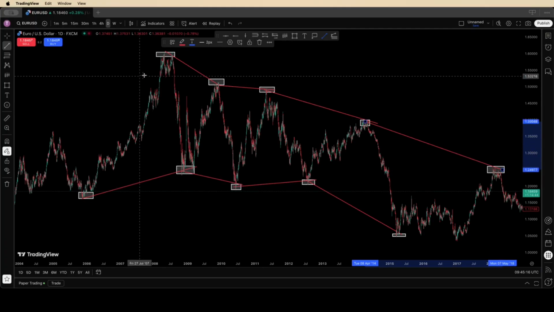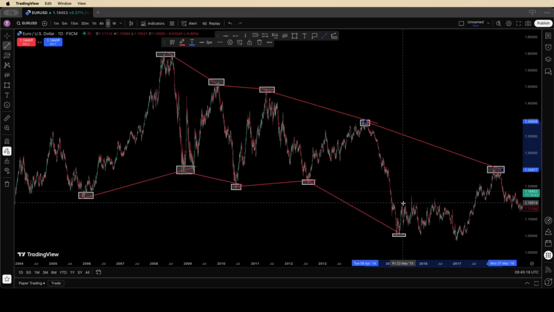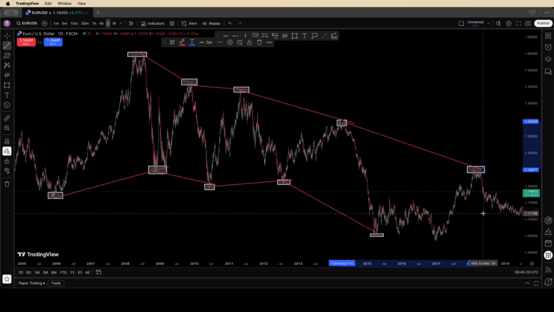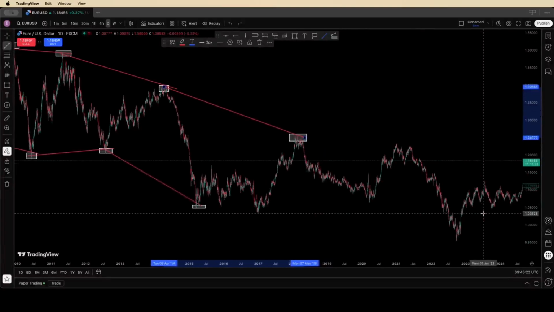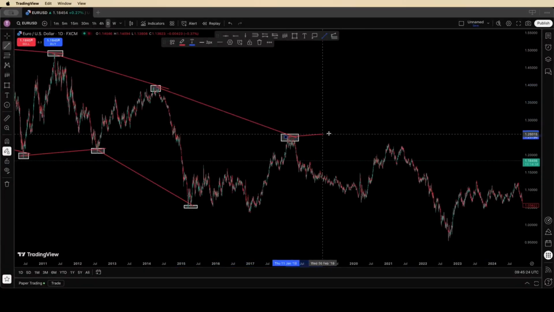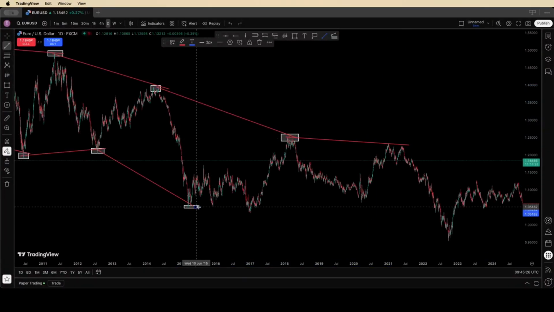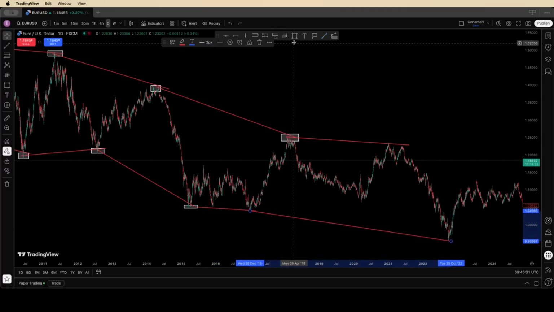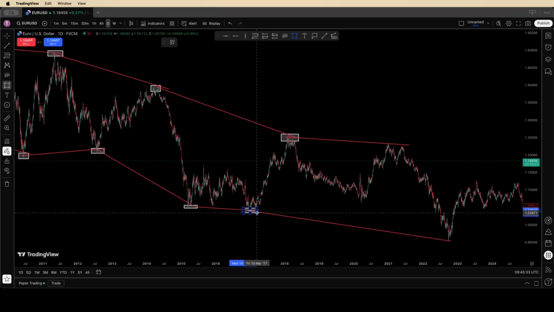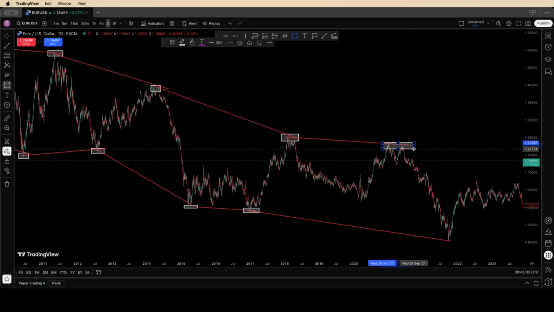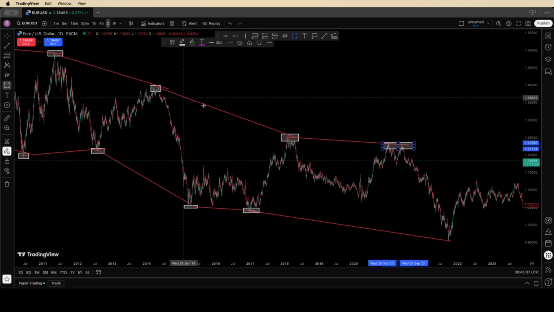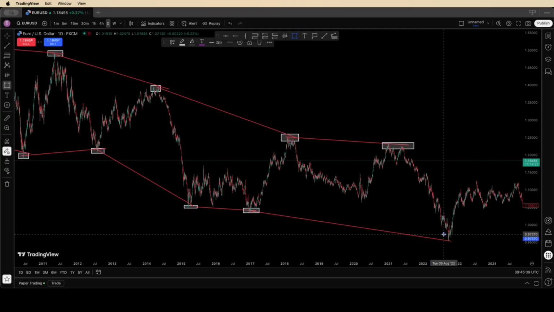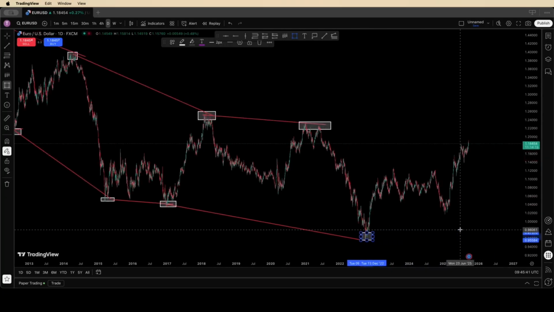That means market is going up sideways and then started to trend downwards. As we go further, you can see it's also going down, down, and down. So here we can say the market is trending lower. That means the highs are getting lower and the lows are getting lower as well.